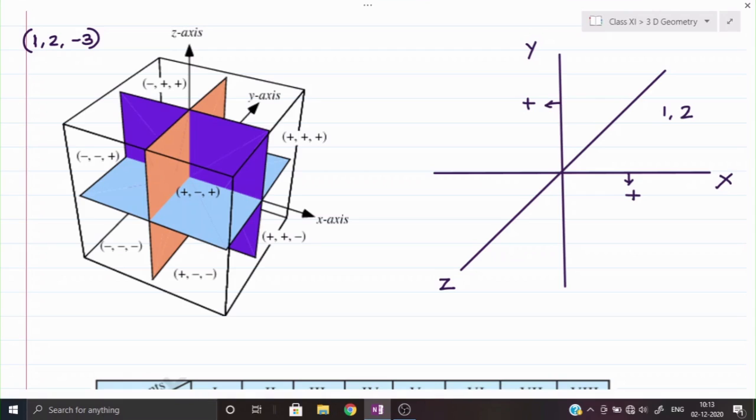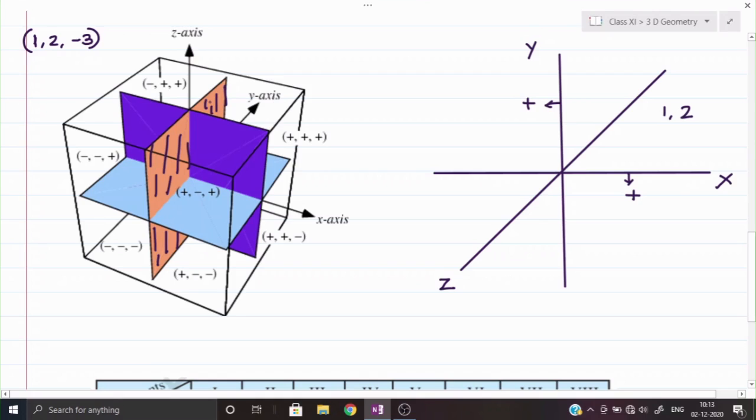So the front z-axis will always be positive. Front means this portion I am talking about. See this portion, this is the front part of the z-axis. This will always be positive, and the back portion means this one I am talking about. So that will always be negative, right?